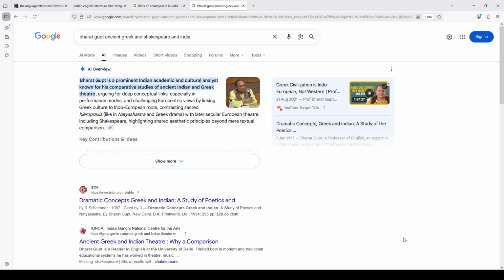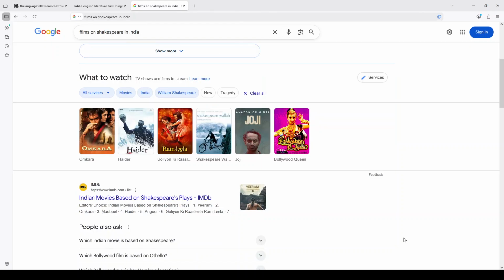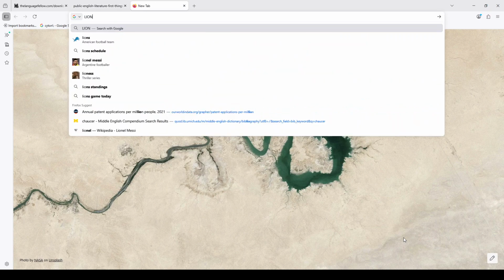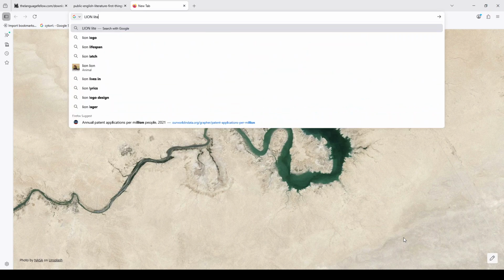Coming back to Shakespeare, India, research, and films, these are some examples. Literary database Lion is one database.